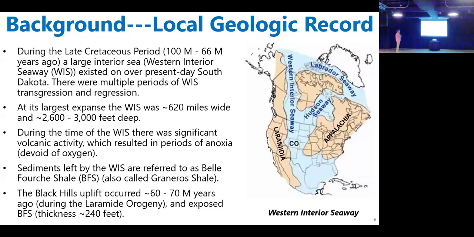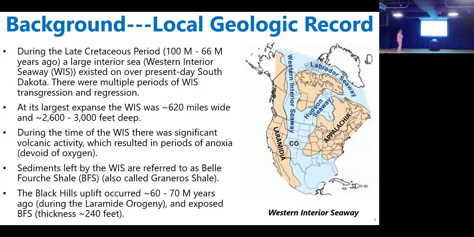There was a lot of volcanic activity and, because of the volcanoes, periods of a lack of oxygen in that inland seaway. The sediments left are referred to as Belle Fourche Shale, or as my children say, Belle Fourche.